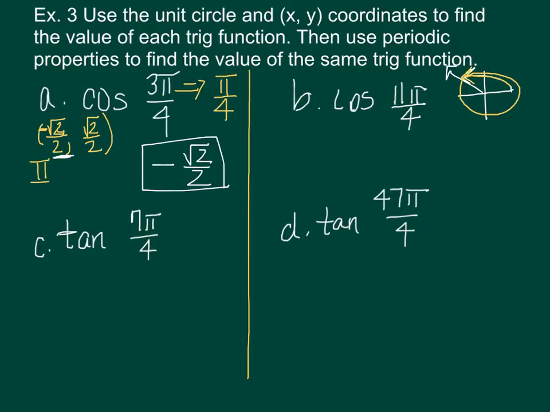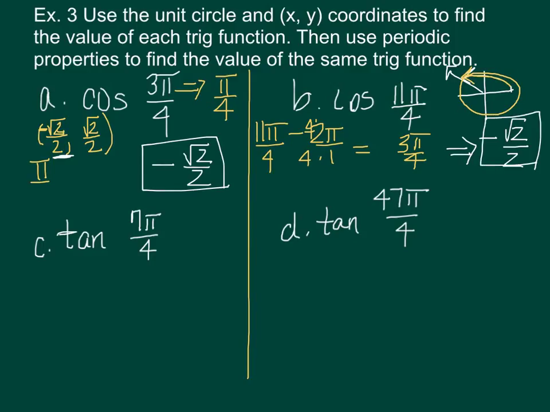And how it looks algebraically or numerically, 11 pi over 4 minus 2 pi, because that's where it repeats. Get a common denominator. 11 pi over 4 minus 8 pi over 4 gives us 3 pi over 4. See, we're back to where we started. And we already know that value is negative square root of 2 over 2.